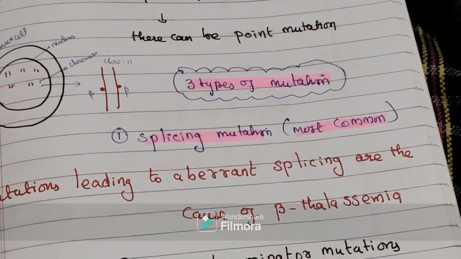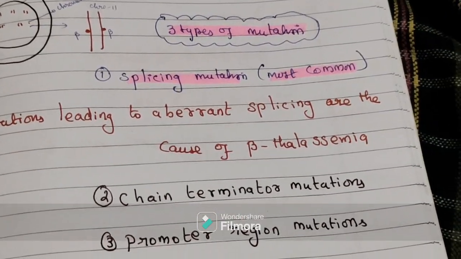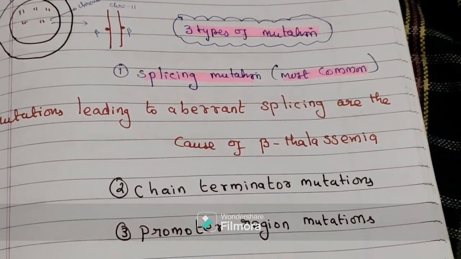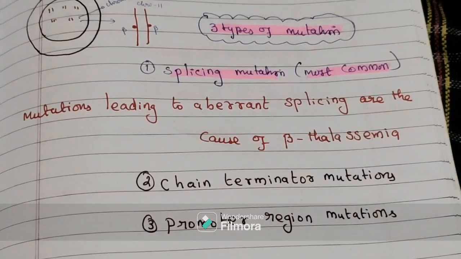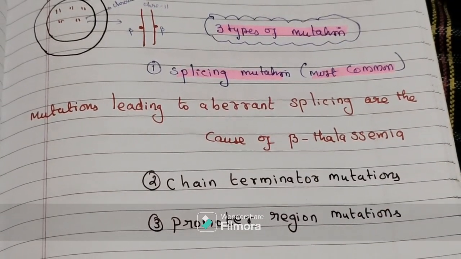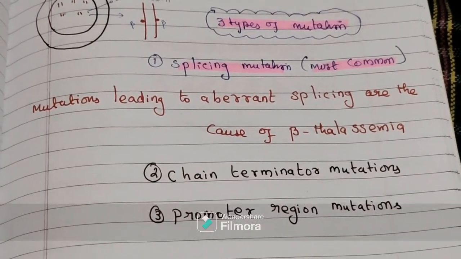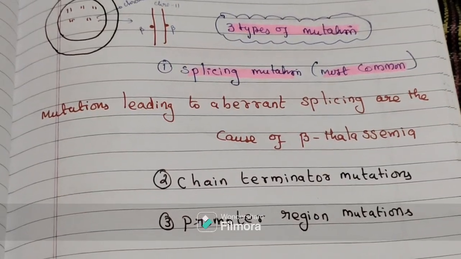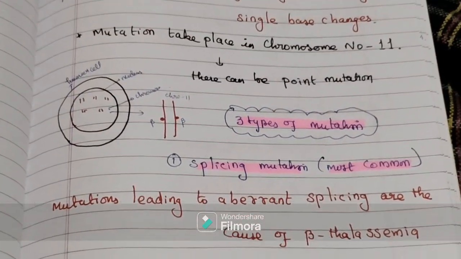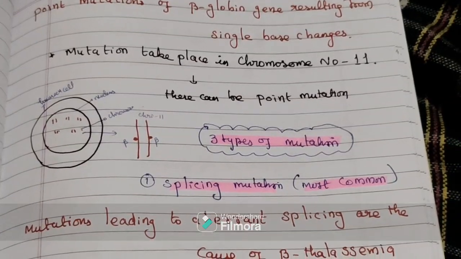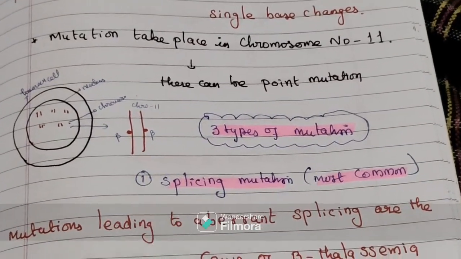One of the point mutations, whether splicing, promoter, or terminator, is causing reduced or absent synthesis of beta chain. So we can learn the molecular pathogenesis. It is point mutation.